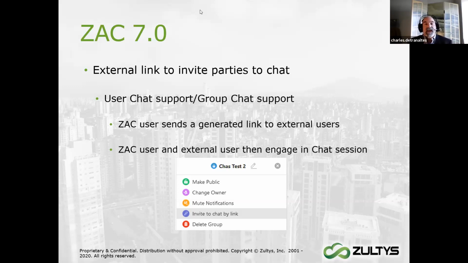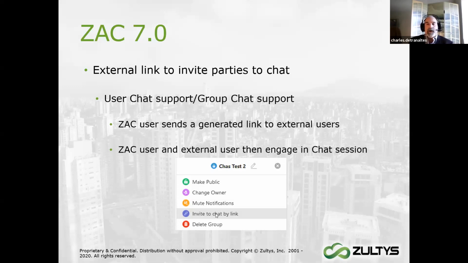So in ZAC 7, what you are going to see is when you're in a user chat session or a group chat session, you will be able to generate an external link, copy it, send it to someone outside of the MX system, aka a non-MX user. They will be able to access the chat session and communicate with your group users or you as an individual user.